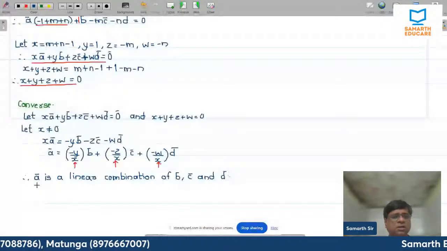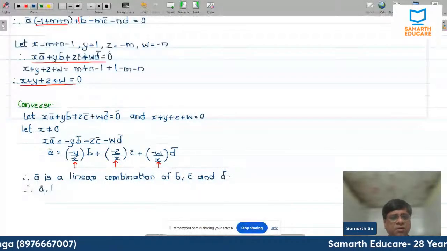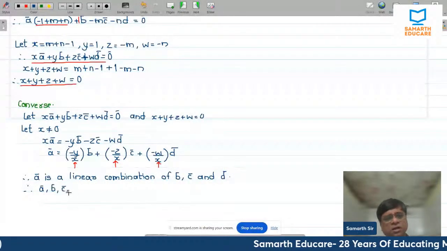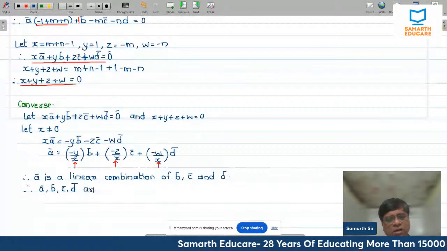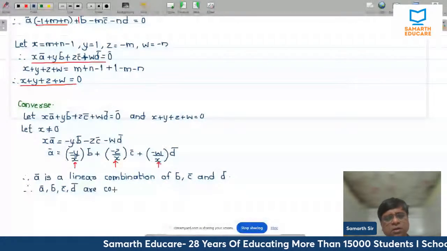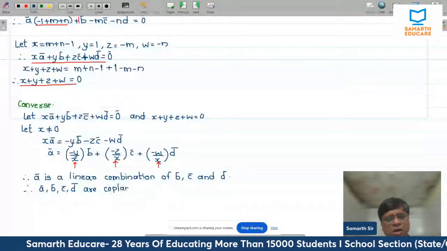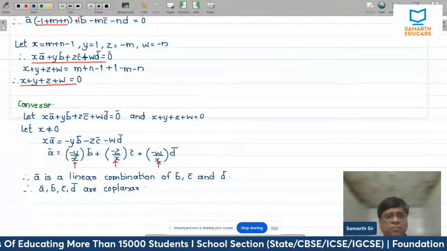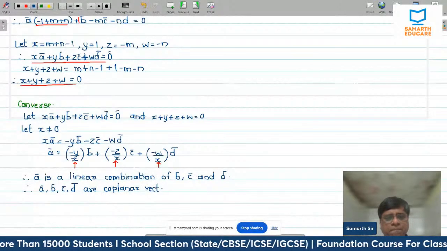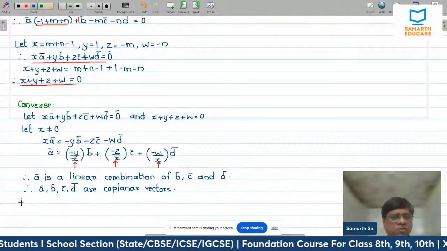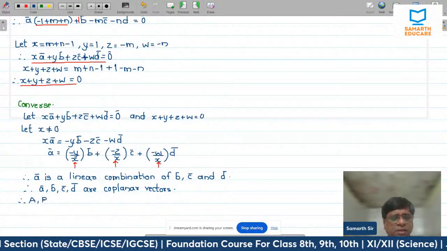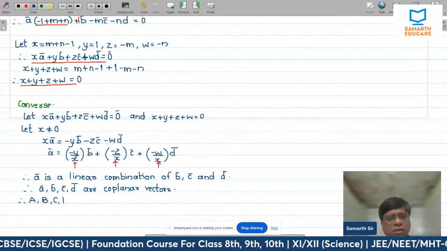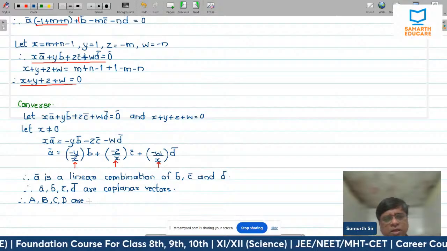Which means A bar, B bar, C bar, D bar are coplanar vectors, which also means therefore A, B, C, D are coplanar points.